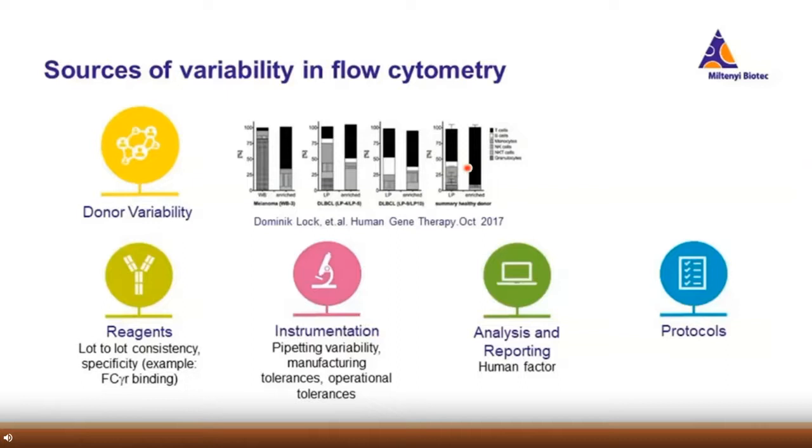However, there are also some technical sources that affect the variability in flow cytometry. For example, the reagent that you are using to stain your cells, and also the instrument, which can result in different variability based on manufacturing tolerance, operational tolerance, and so on. And of course, some variability also arises from the data analysis and the protocols that are being used. In today's presentation, I would like to focus on some of this variability and how we try to solve these issues with our solution.